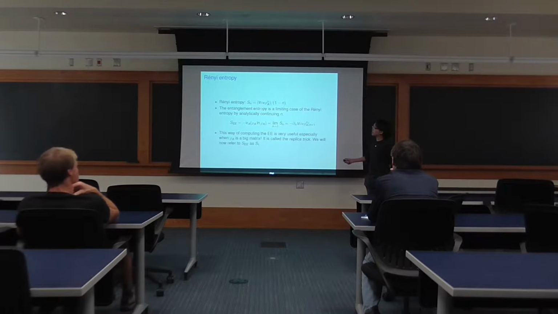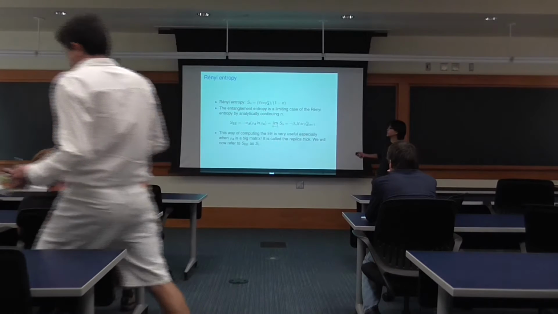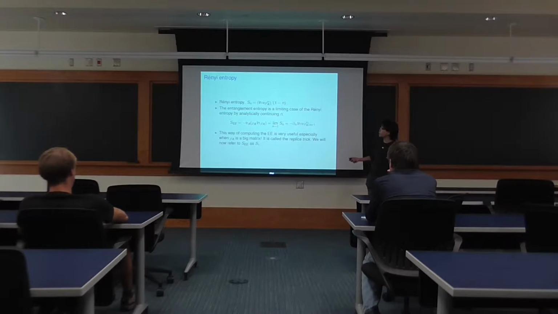And he found a very natural generalization of the von Neumann entropy. In fact, the von Neumann entropy itself can be thought of as a limiting case of the Rényi entropy, where you take n to 1. In the limit n to 1, you basically recover the entanglement entropy.